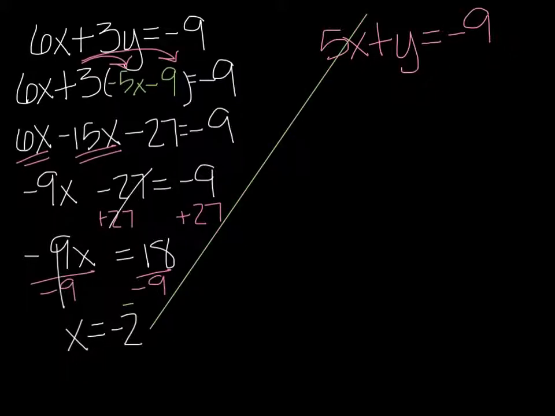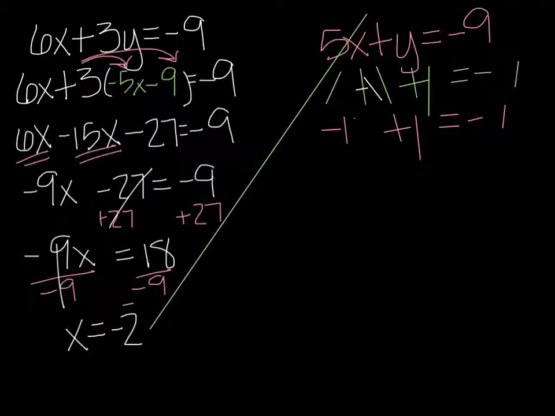So we're going to plug that x value in for x. 5 times negative 2 is a negative 10, plus y equals negative 9. We'll add 10 to both sides. So y equals negative 9 plus 10, which is 1.